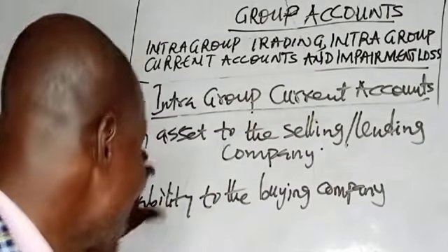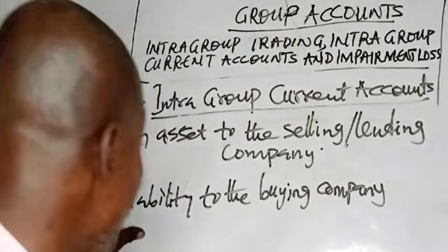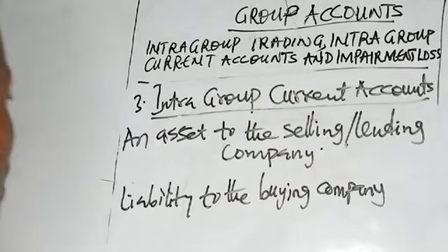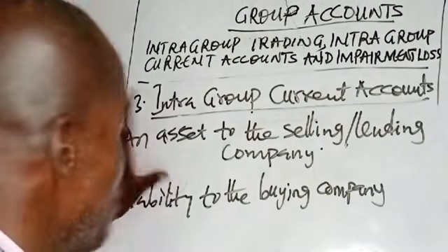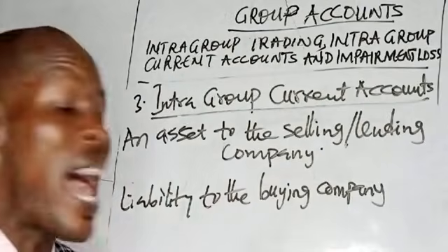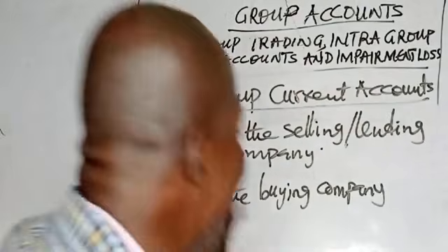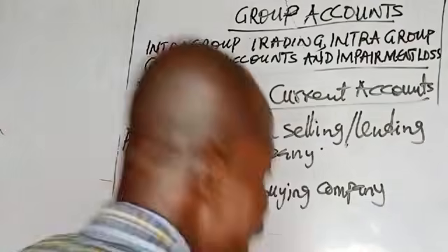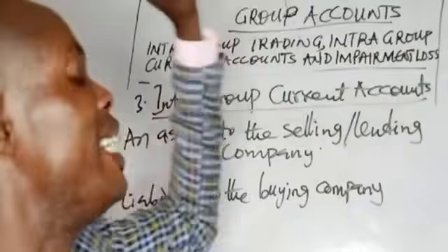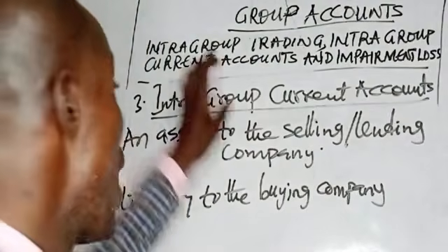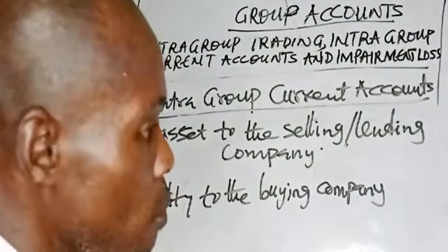Then that thing that is a current asset will also appear as a current liability in another entity. So you might have them like that. I want you to know that intragroup current accounts should be eliminated. We always eliminate the intragroup current accounts, whether they agree or not.